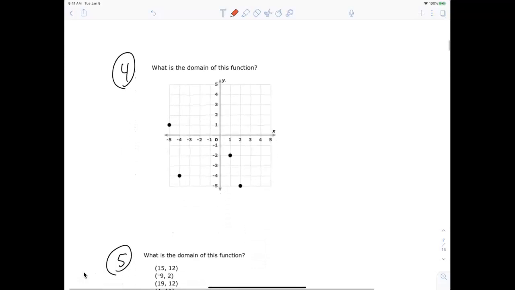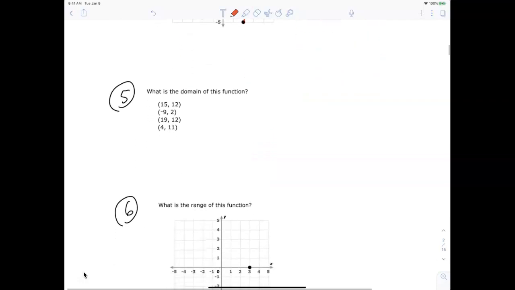Number 4, again this time we're talking about the domain, so I like to just draw them back to the x-axis. Not necessary, but just helpful. Domain: -5, -4, 1, and 2. Again, domain for number 5, looking at the x coordinates: -9, 4, 15, 19.